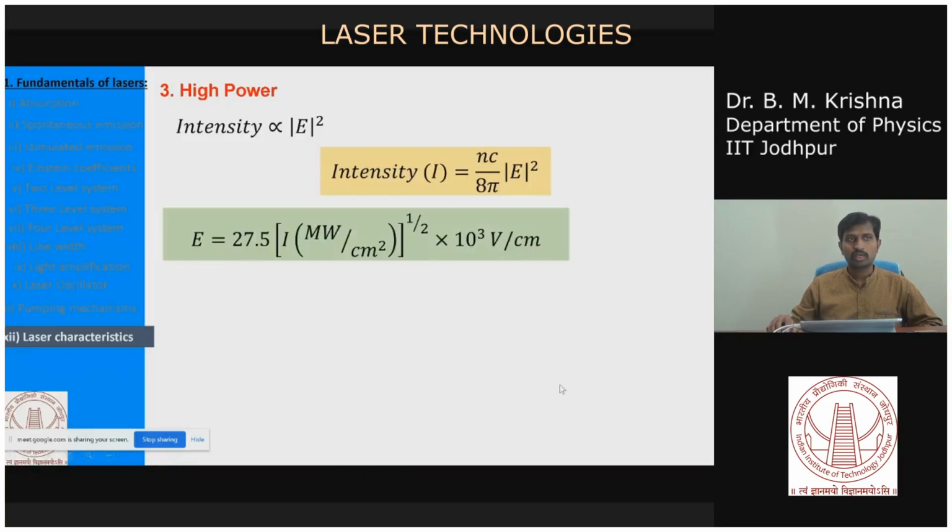From this you can calculate the electric field. Because you know the power of the laser system, from that you can calculate the intensity, depending on how much area you are focusing. That intensity value in terms of megawatts per centimeter square, you substitute here, and you can get your electric field strength in volt per centimeter.